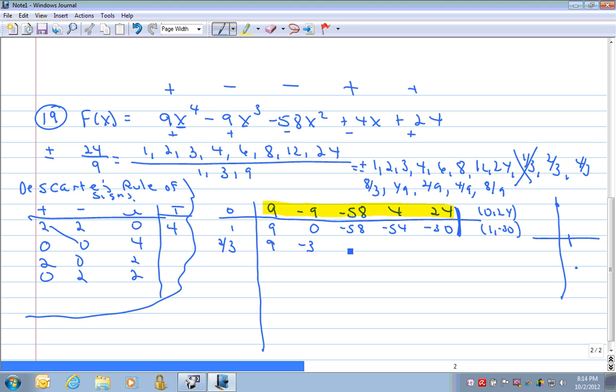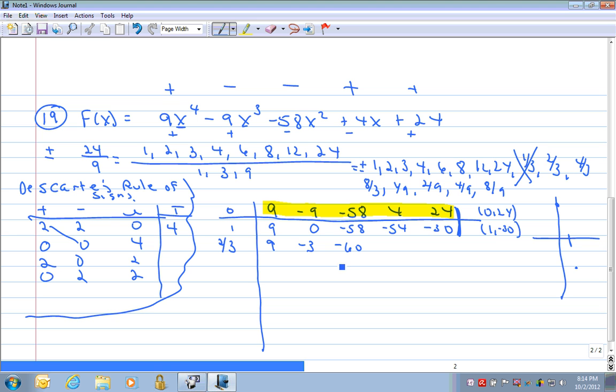Negative 2 and negative 58 would be negative 60. 2/3 of 60, well, 3 goes into 60 20 times, and 20 times 2 would be negative 40.